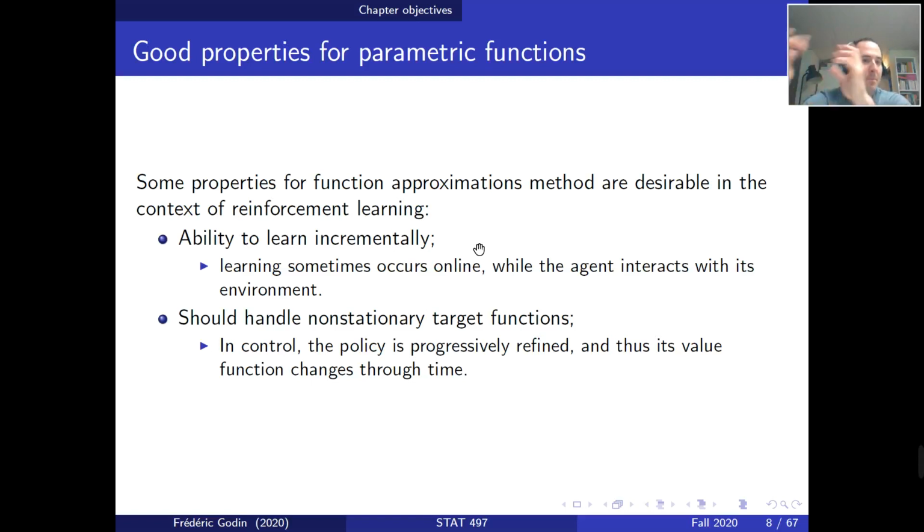Polynomial functions, neural networks, etc. These functions are well known to allow for the possibility of small adjustments at a time, which is a desirable property when used in reinforcement learning settings.